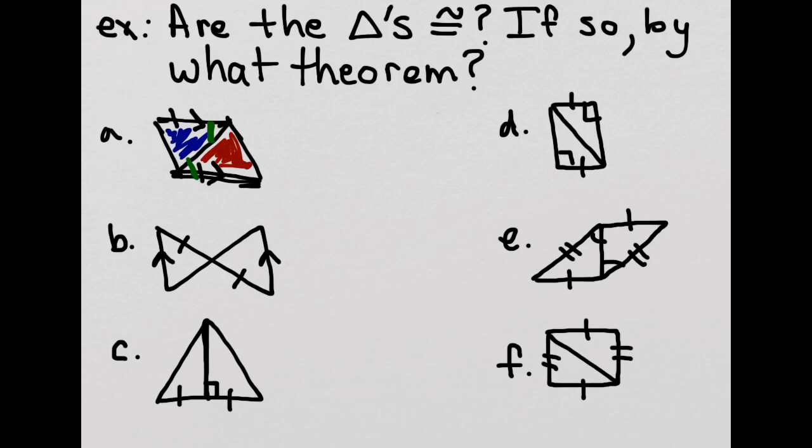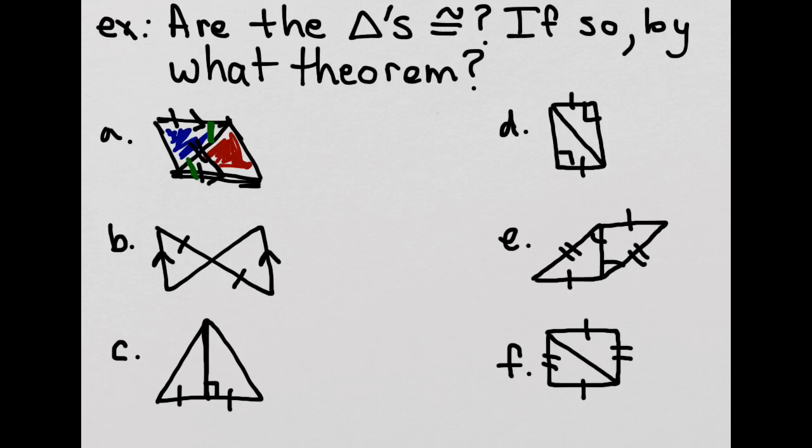So if we look at the blue triangle's lower right side, this one that I'm marking with two tick marks, that's actually the same side as the red triangle's upper left-hand side. Since they share that side, we know they must be congruent. That's using the reflexive property, if you wanted to know the actual property name, back from chapter 2, that says that something is equal to itself.